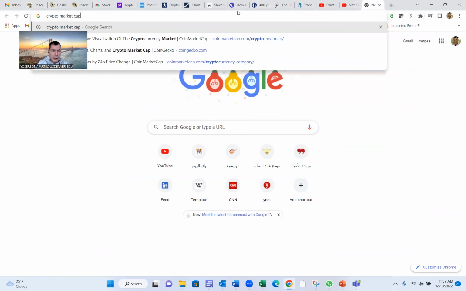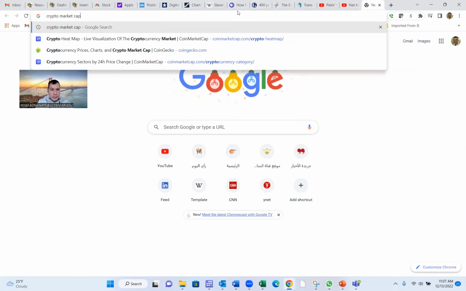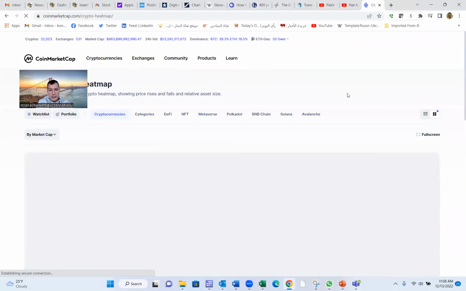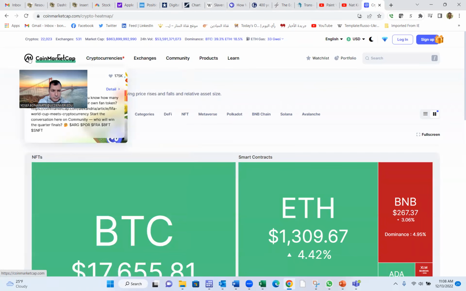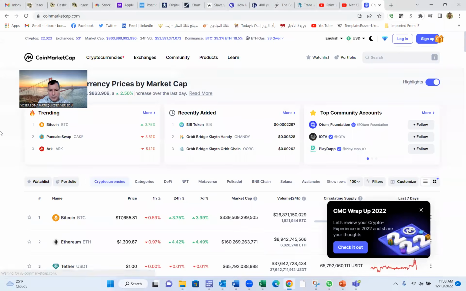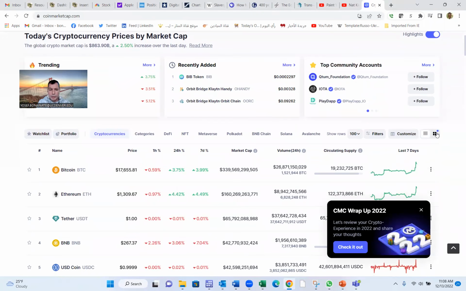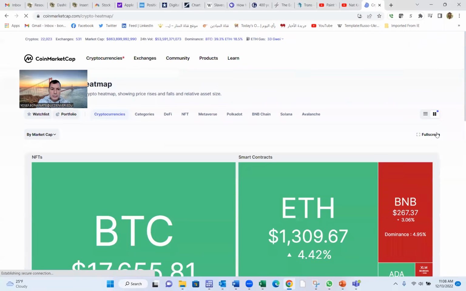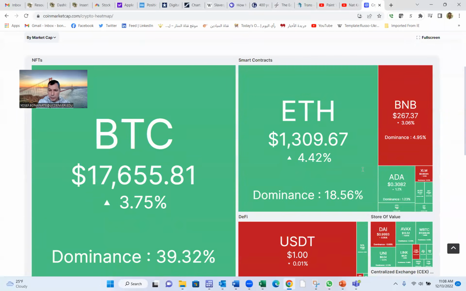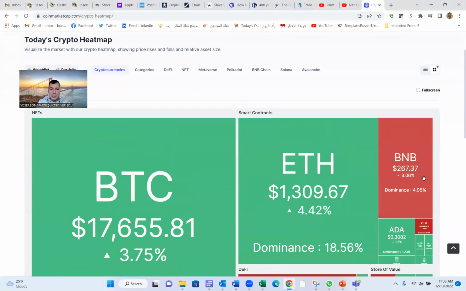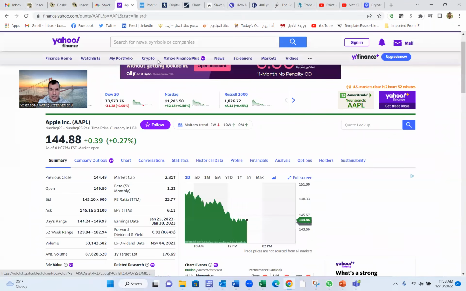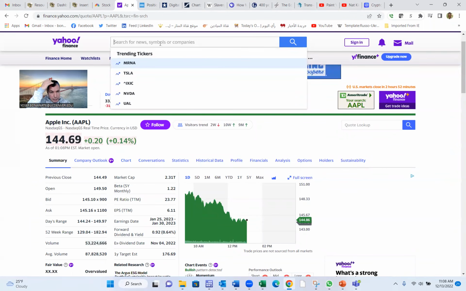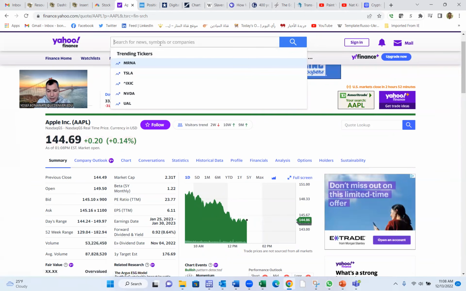You go to crypto market cap, click on it, and here they have a rank of the top coins. Also here, you can see the weight for every coin in our sample. So you go to Yahoo Finance and you collect the data coin by coin, for example, Solana.